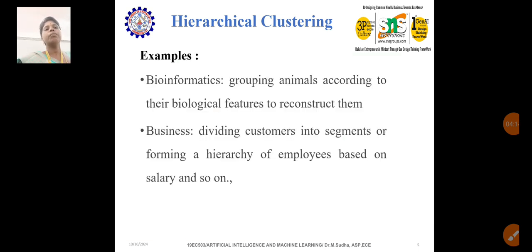Okay, and the examples for this: in bioinformatics, grouping animals according to their biological features to reconstruct their evolution. Also in business, dividing customers into segments or forming a hierarchy of employees based on salary, and so on. Likewise we can have many examples in hierarchical clustering.